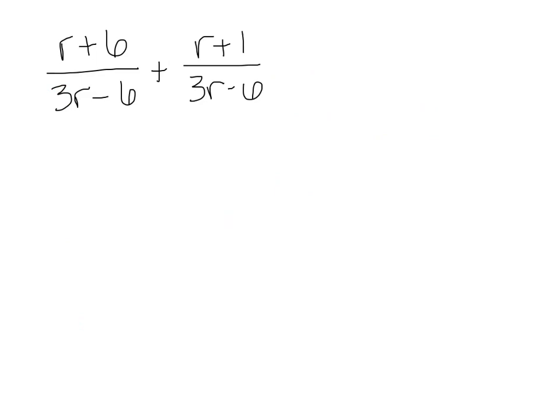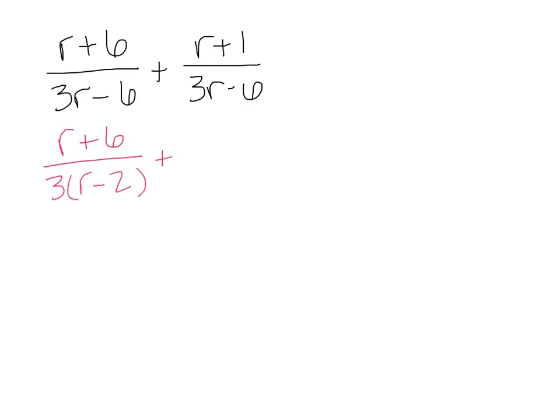So here's a fraction with those big nasty terms like I was talking about. We're going to start out by doing the same step we started with in our multiplying and dividing. We're going to start out by factoring everything. So I have r plus 6 over 3 times r minus 2.